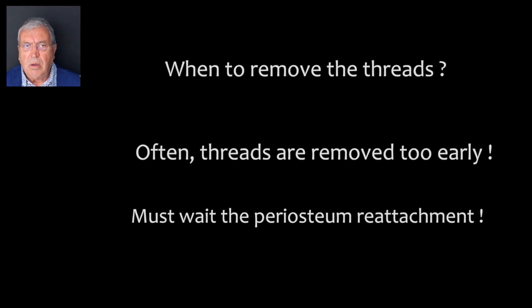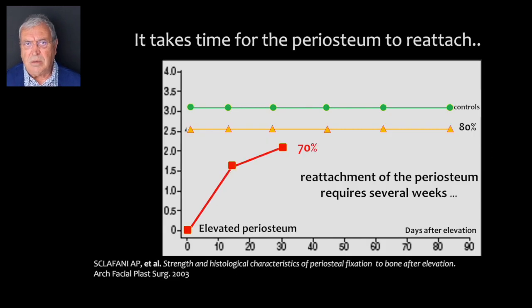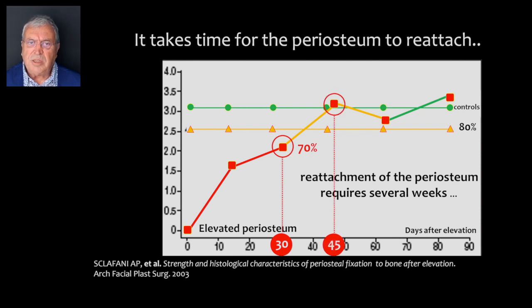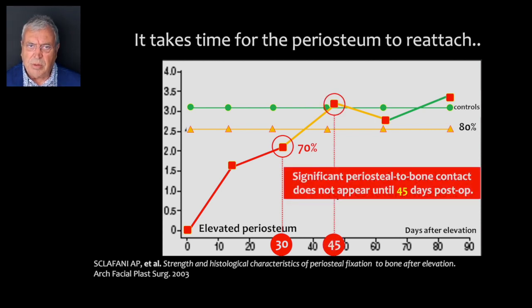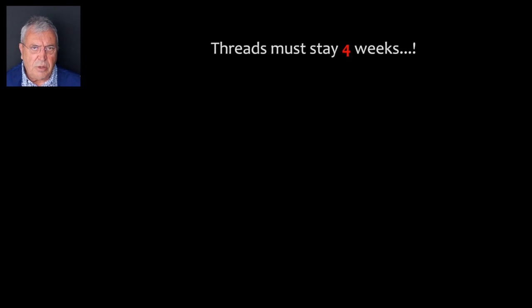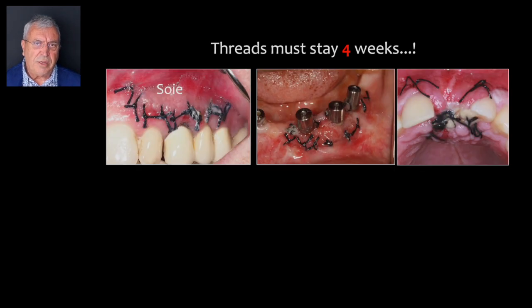But how much time does it take to reattach? At least 1 month. 6 weeks to meet a significant reattachment. 6 weeks. It means that for me, we must leave the threads 4 weeks.